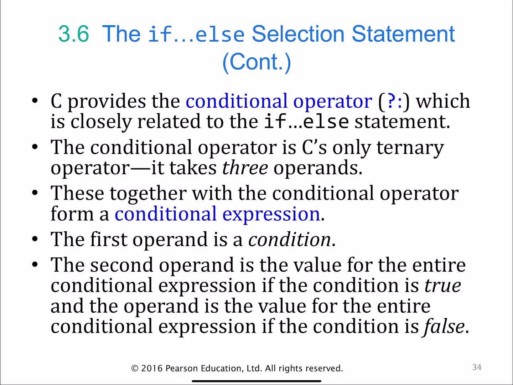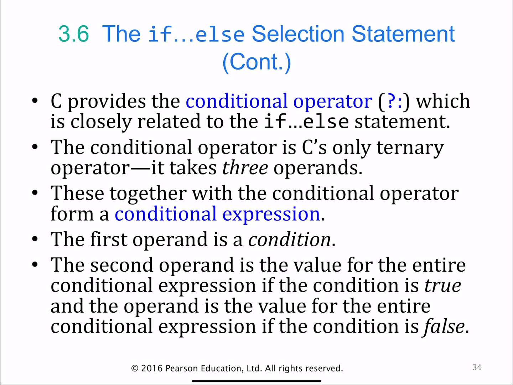Now as you can see, this takes at least 4 lines of code the way we've seen it. There's a shorter notation for the if-else selection statement. So you'll use it quite frequently. There's a shorthand notation that allows us to do the same thing that an if-else block does on a single line.